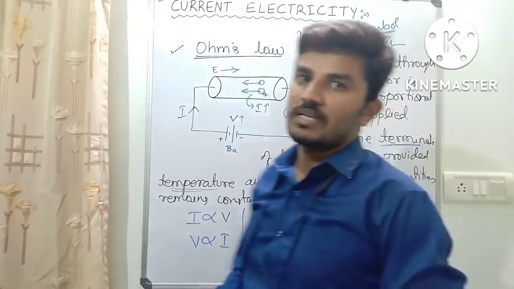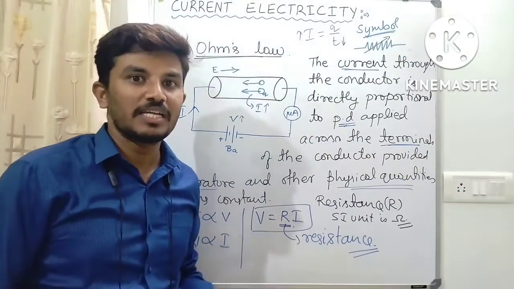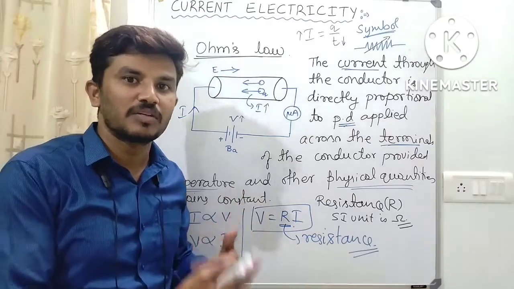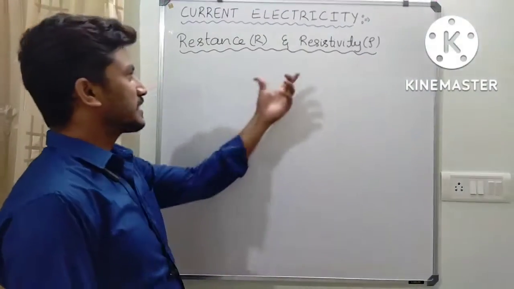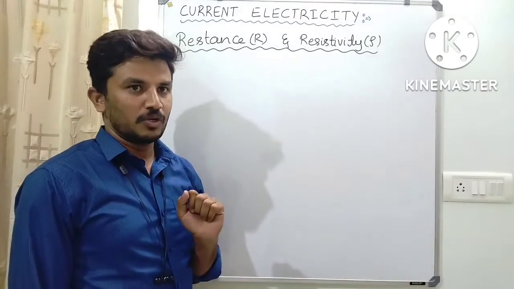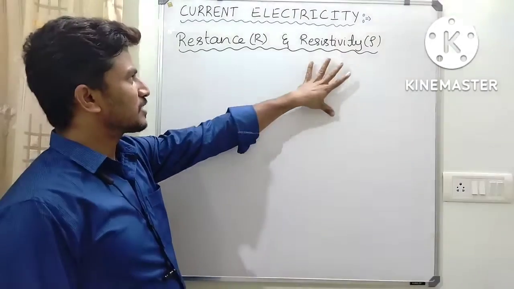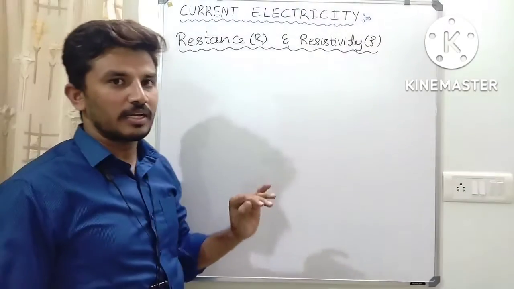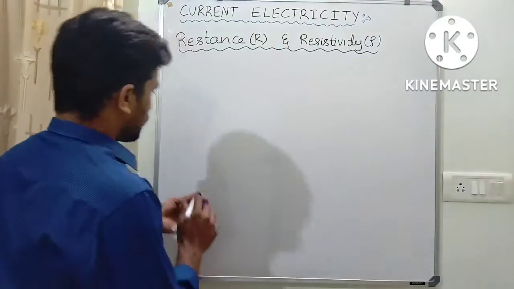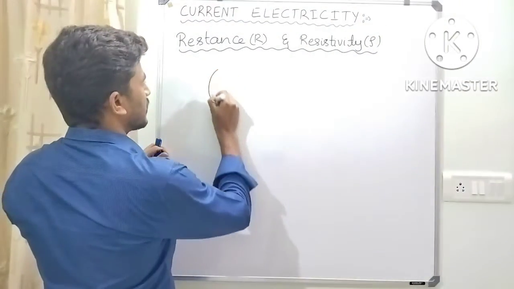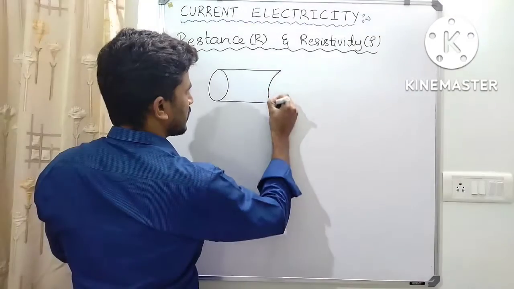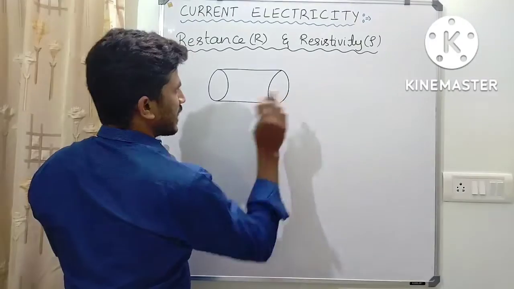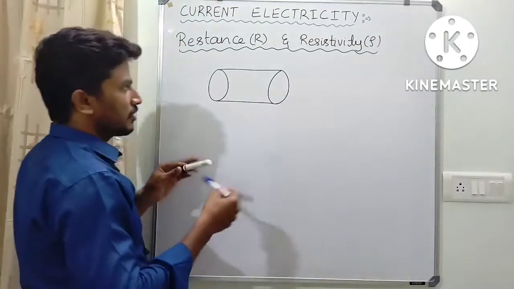Now let us discuss resistance and resistivity, and the relation between them. Dear students, next we have resistance and resistivity. Before explaining what exactly these two are, let me explain a concept here. Here we have a conductor which has some free charges in it.